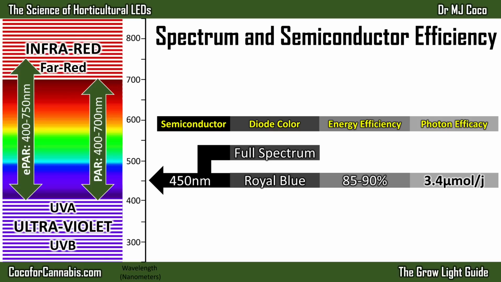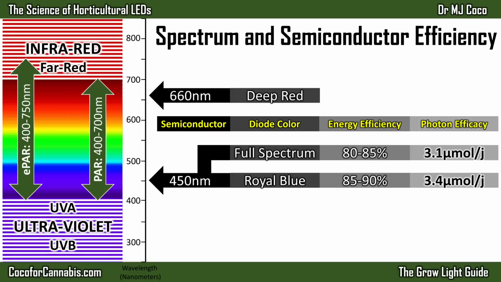The best full spectrum diodes are now above 80% efficient, and they have photon efficacies up to about 3.1 micromoles per joule. For comparison, HPS bulbs have an energy efficiency of only about 40% and a photon efficacy of up to about 1.6 micromoles per joule.